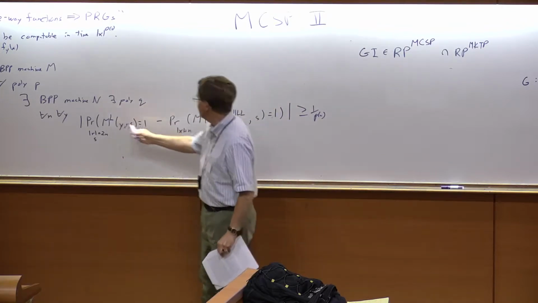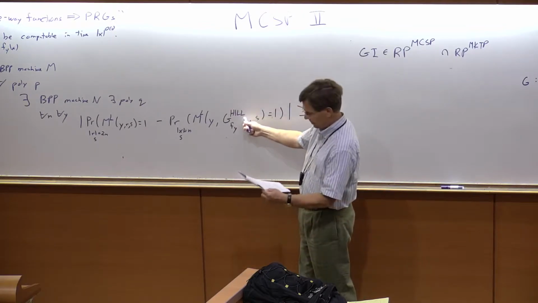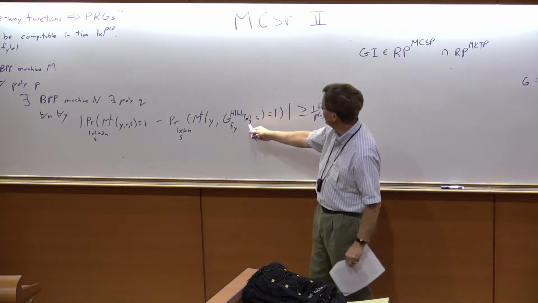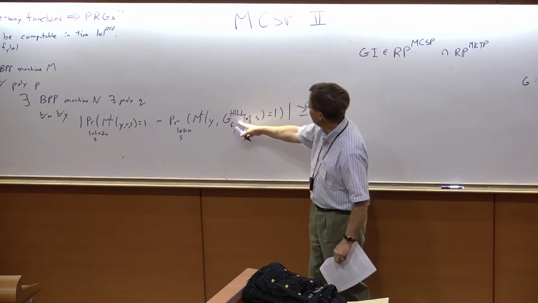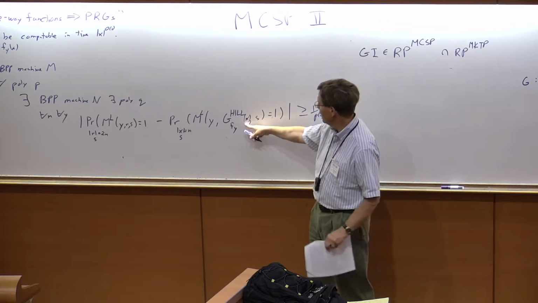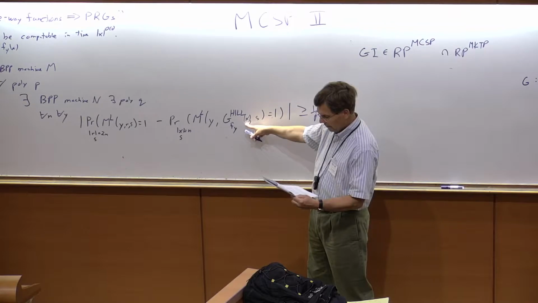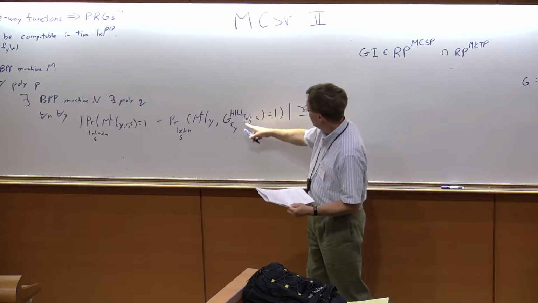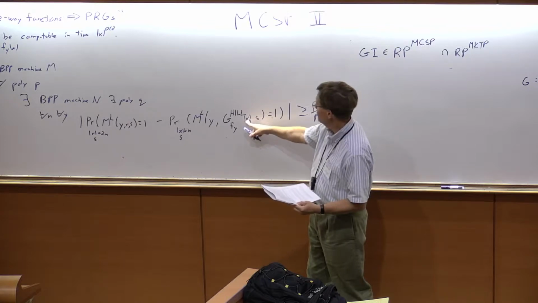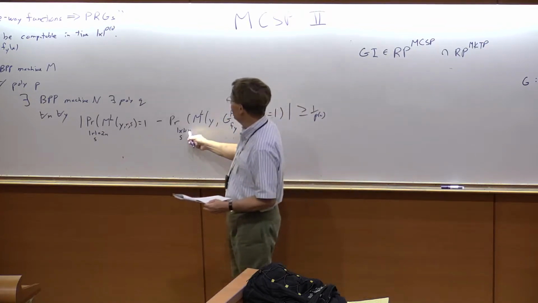If with this test you can take the output of the pseudo-random generator, G f sub y Hill on input x, where x is a short string, a string of length n.